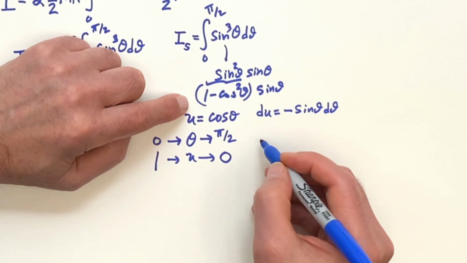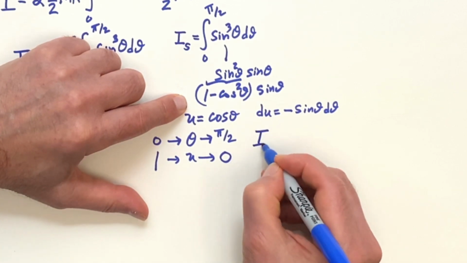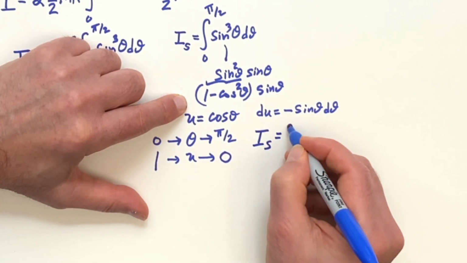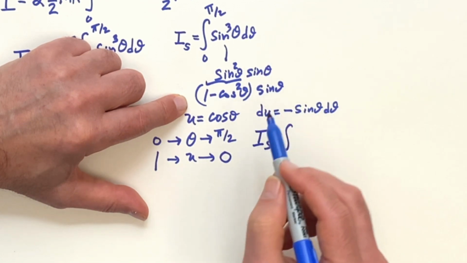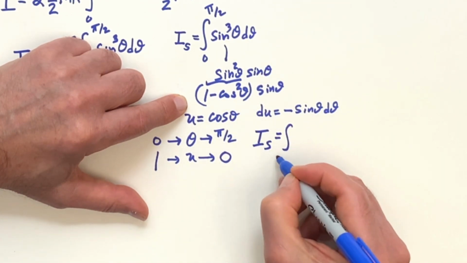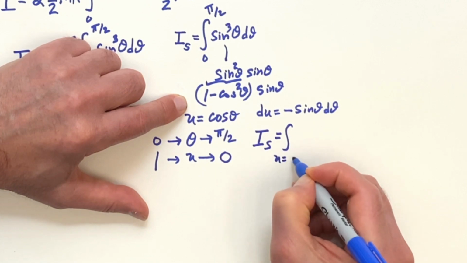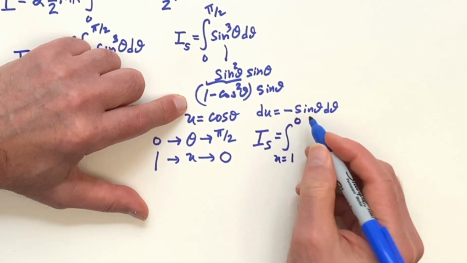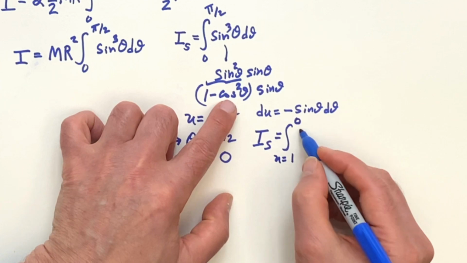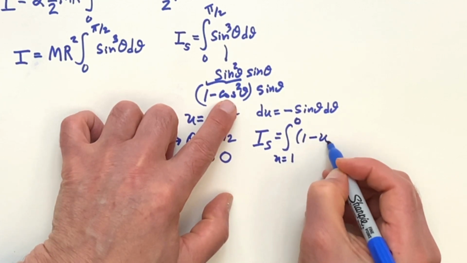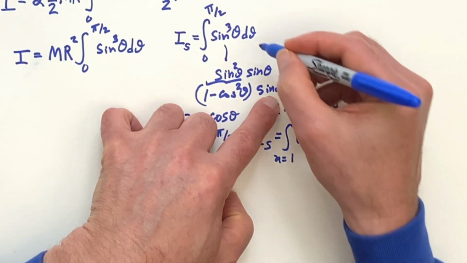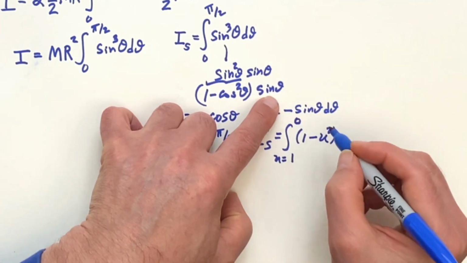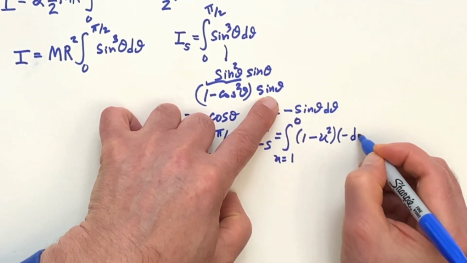So let's see what we have for the integral. With the u variable, I'm going to explicitly say this is u, going from 1 to 0, and then I'm going to have 1 minus u squared. And then the sine of theta d theta is equal to minus du.